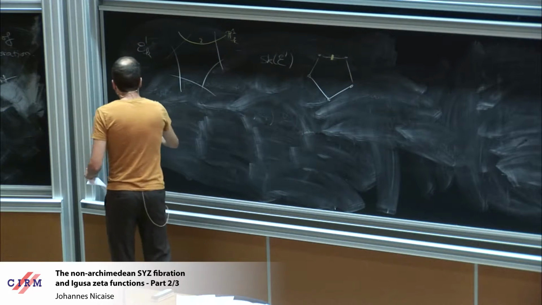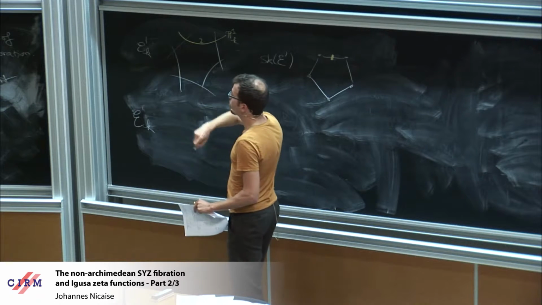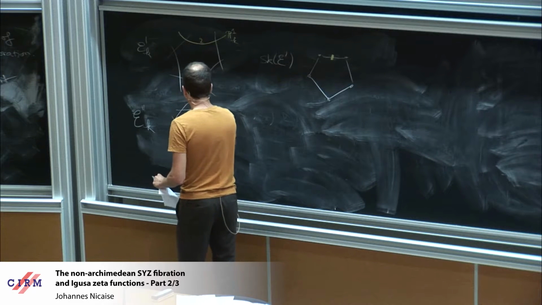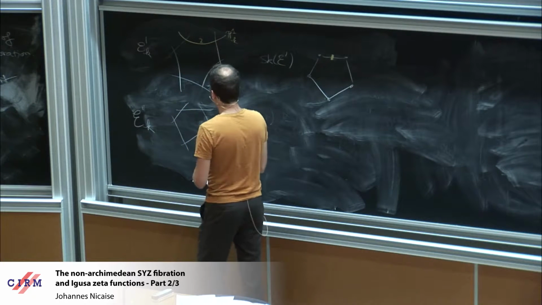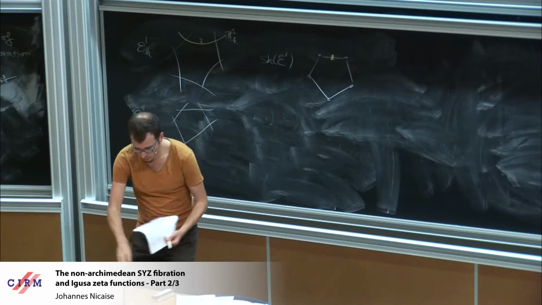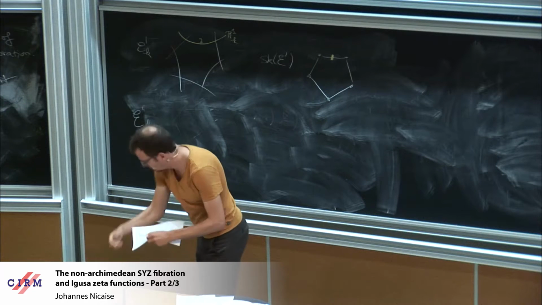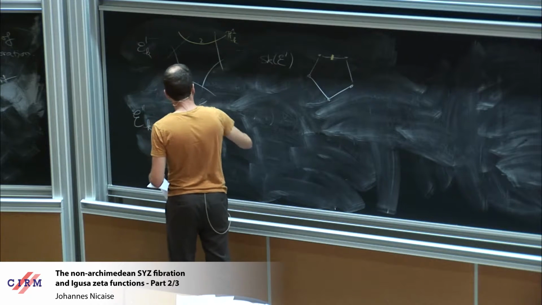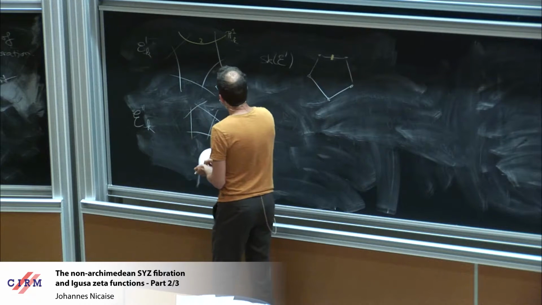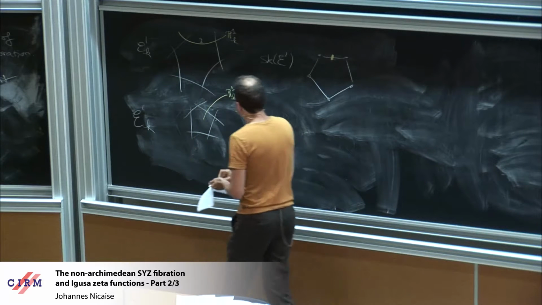But there's another type of operation that we can consider. So we can blow up at a point which is not an intersection point of components in a special fiber. Sorry, I put my picture upside down. So this means that I get a new component like this.